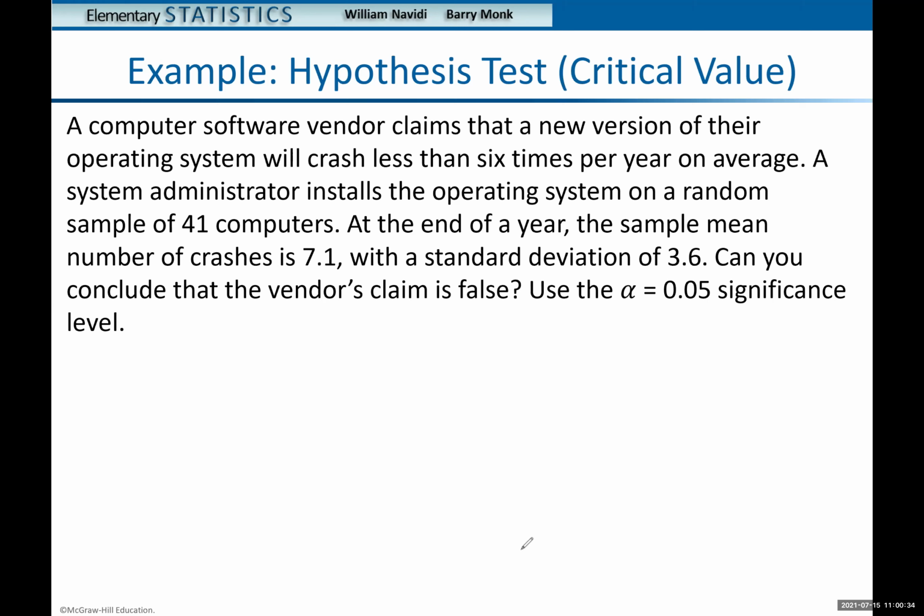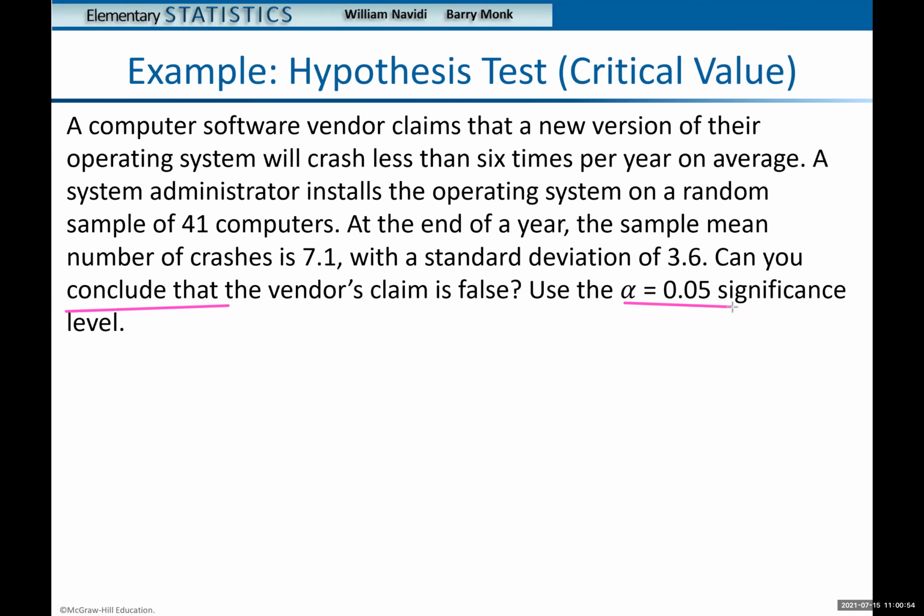Thank you. So look at the question. Can you conclude? That means it is hypothesis testing, and there is also a given alpha, so we have to use the 6 steps.